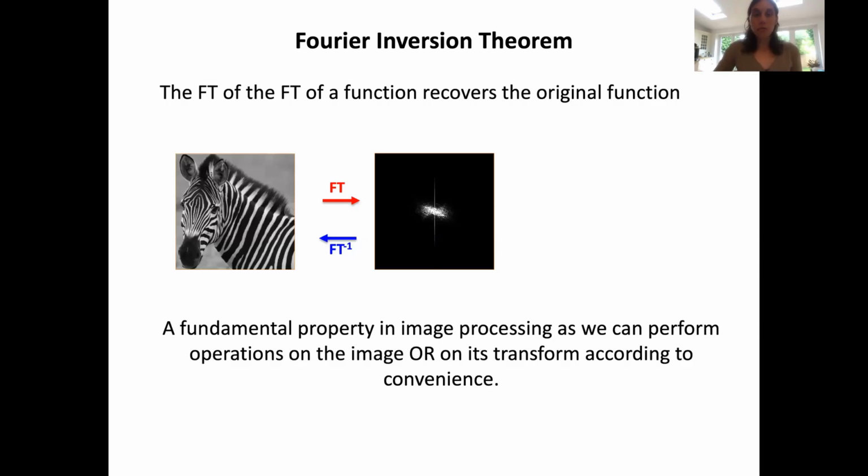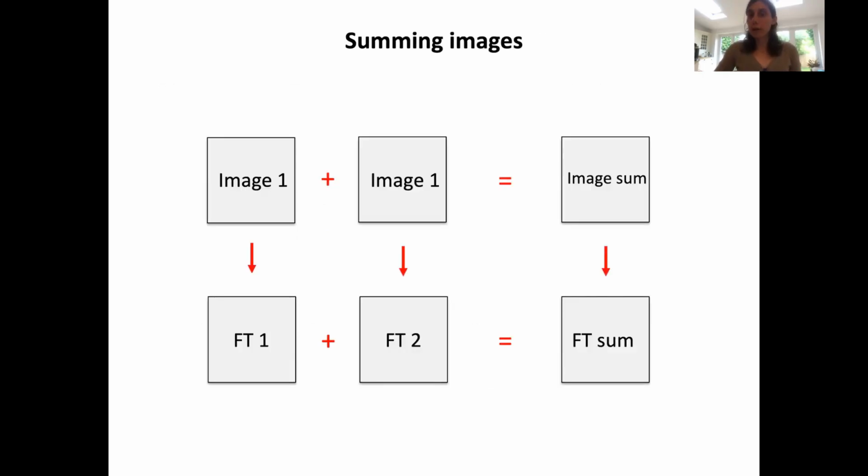Okay, so what happens if we sum two images? That operation is equivalent to summing the Fourier transforms. This is quite obvious given the fact that we are talking about a sum of the sine components as being the Fourier transform. So that's quite intuitive.